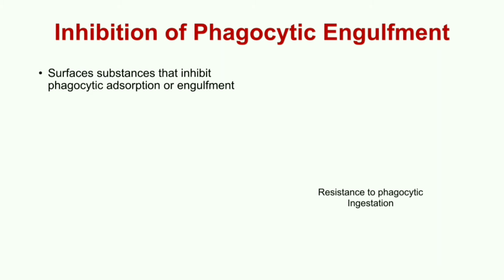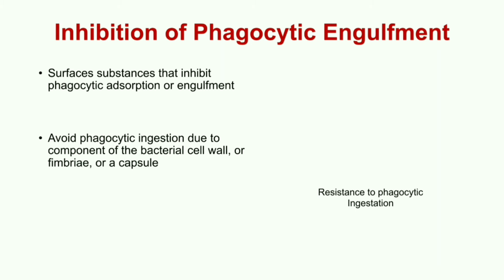Many important pathogenic bacteria have substances on their surface which inhibit the adsorption of phagocytes, thus preventing engulfment. Resistance to phagocytic ingestion is mainly due to components of the bacterial cell wall, fimbriae or capsule which encloses the bacterial cell wall.